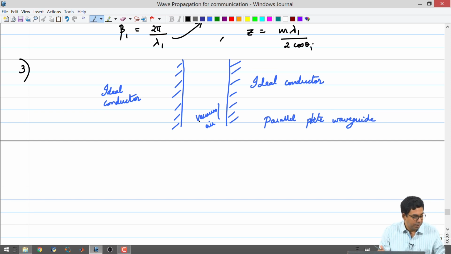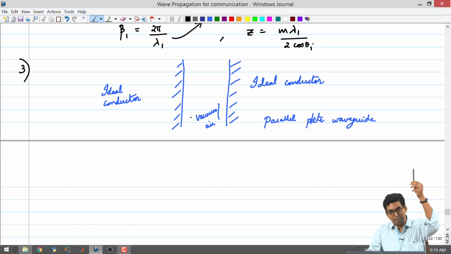Right. The second thing is, I have used an incident angle of theta I in the previous class to denote the angle of incidence. We already know that if theta I is going to be small, if theta I is going to be large, right. If theta I is going to be 0 degrees, which means that I am not having an effective movement going in the positive x direction at all, I am going to be having the wave merely bouncing between these two plates and there is going to be no travel.